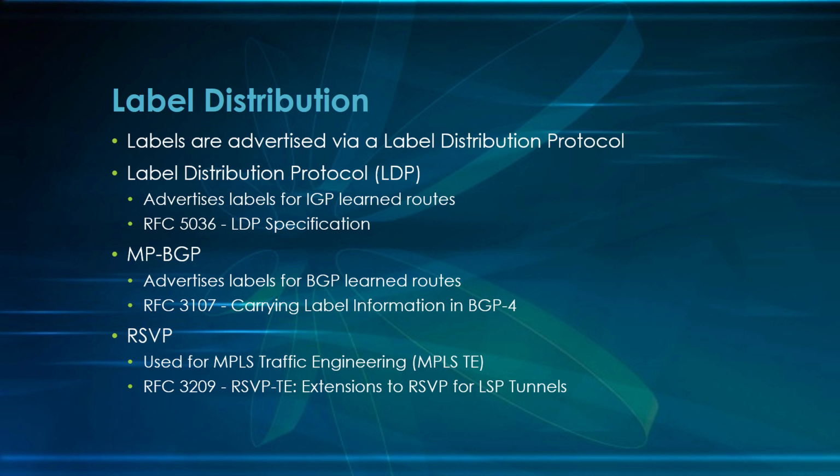We'll take a look at exactly how each one of those goes through as we get through the rest of the course. But these are the ways that you can distribute labels throughout the core. We're going to take a look at each one. The label distribution protocol is the easiest of them all, with how easy it is to get working. We'll take a look at BGP labels in an upcoming video, and then RSVP-TE labels later on.